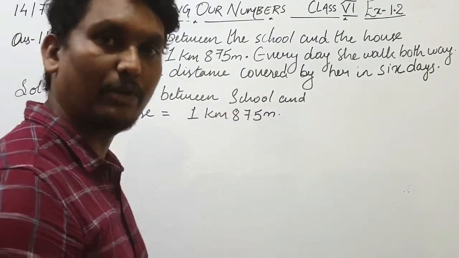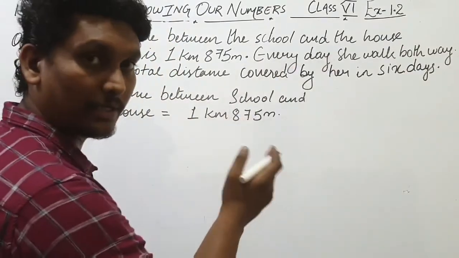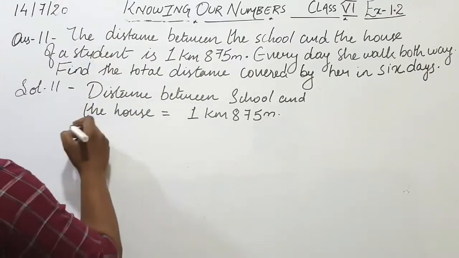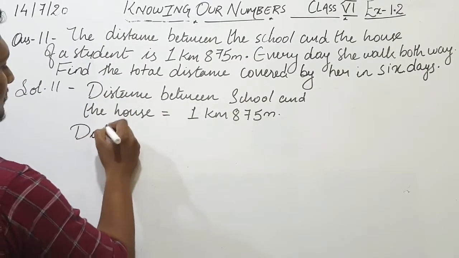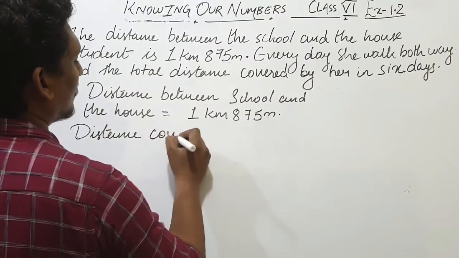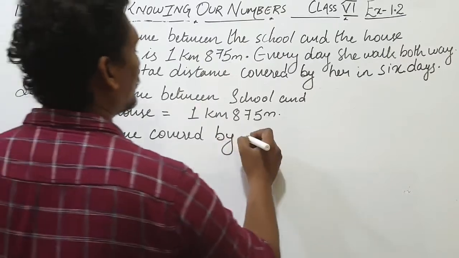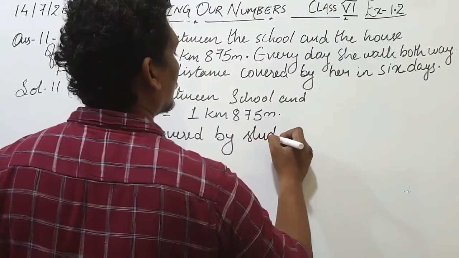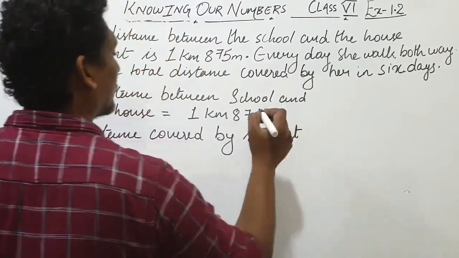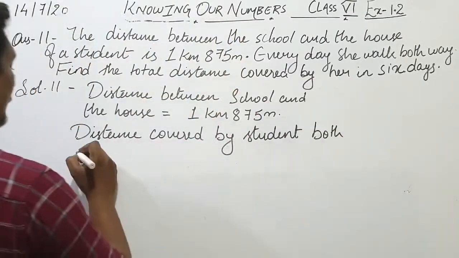So here no need to convert any values. Okay, distance covered by her in both the ways. That's the next step. So distance covered by student both way.